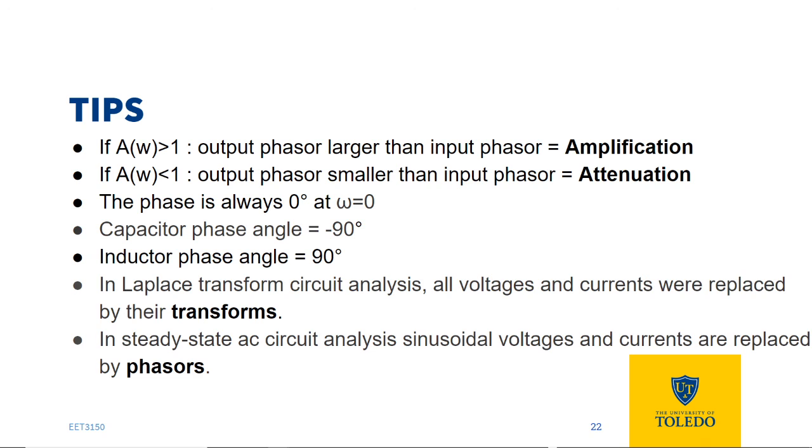Capacitor phase angle equals negative 90 degrees. Inductor phase angle equals 90 degrees. In Laplace transform circuit analysis, all voltages and currents were replaced by their transforms. In steady-state AC circuit analysis, sinusoidal voltages and currents are replaced by phasors.